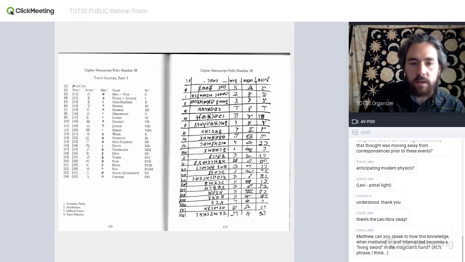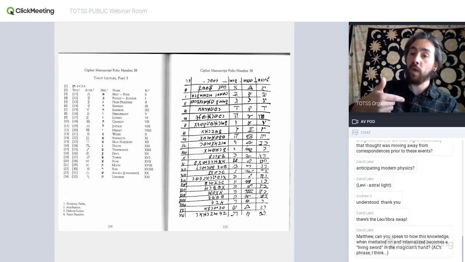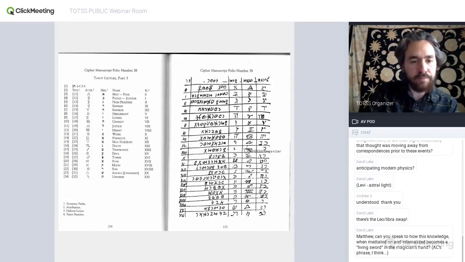Or if we're thinking of it laid out in this way, where we've got the tarot trumps and Hebrew letters in order, what's happened is that Libra and Leo have traded places around Virgo, which is in the middle of them. And so now we're going to have a switch between Zadi, which was attributed to Aquarius, and He, which was attributed to Aries.